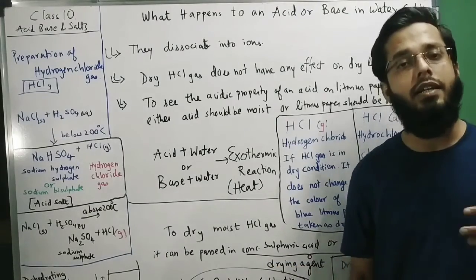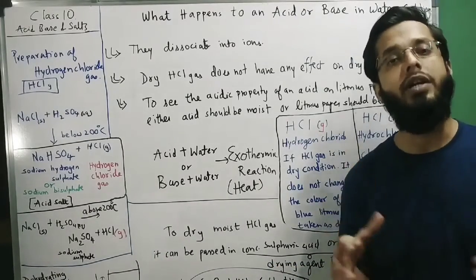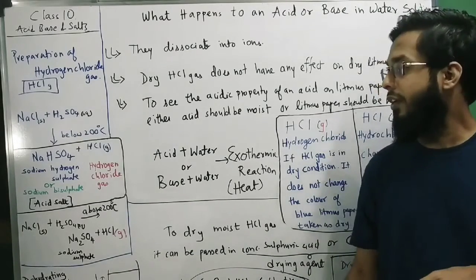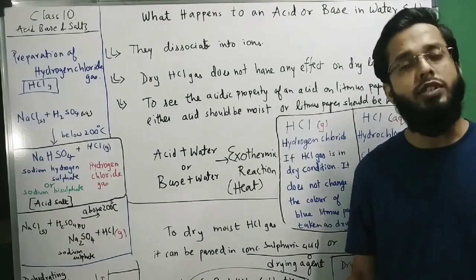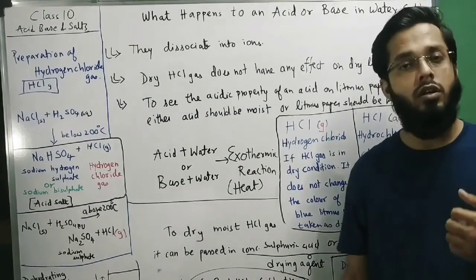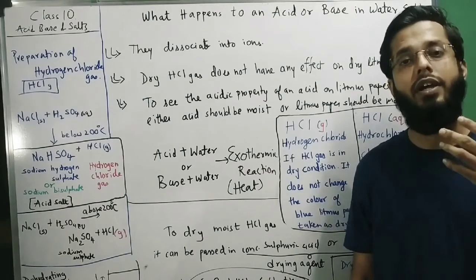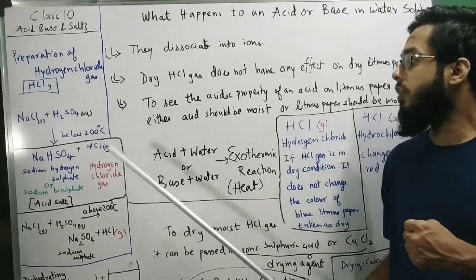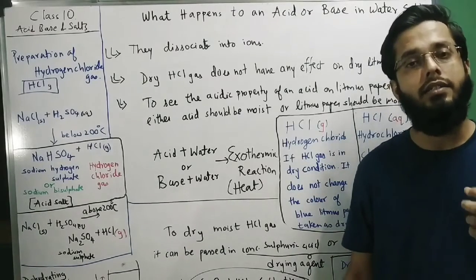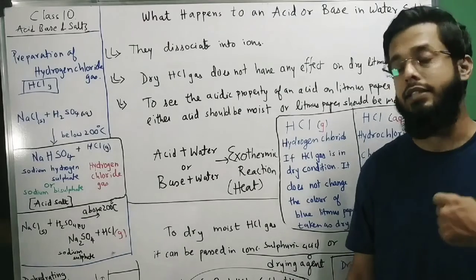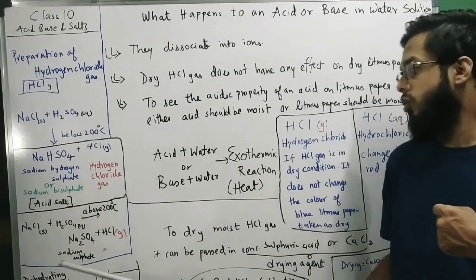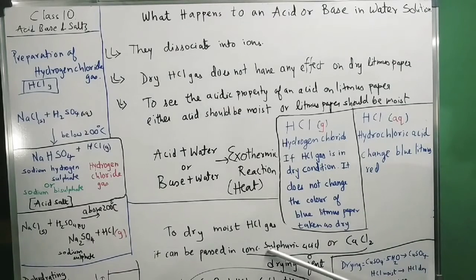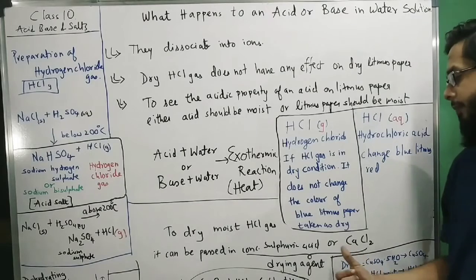Now if the HCl is moist because of humid condition or moisture, we can dry the HCl gas. If you want to check whether dry HCl gas has any effect on litmus paper, and the gas is moist, first we dry it with the help of a drying agent like sulfuric acid or calcium chloride.